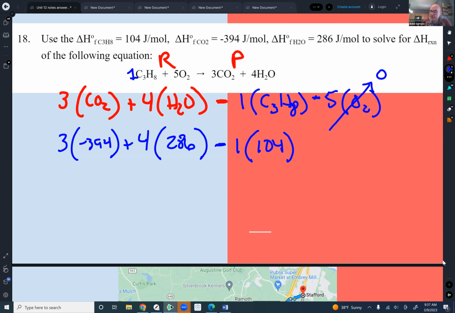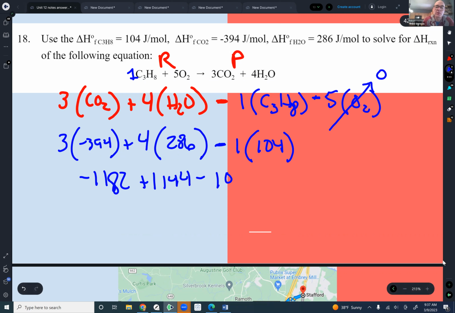I'm now just going to simplify. So 3 times 394 is negative 1182. 286 times 4, that is 1144. And 104 subtracting.